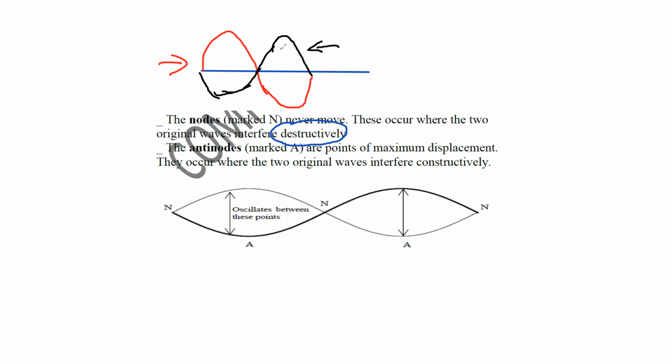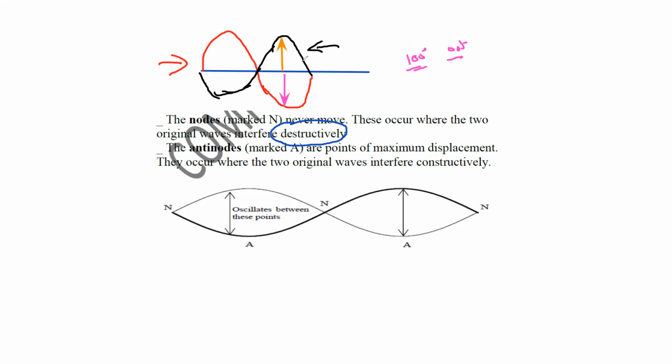So you can see these two waves here, the crest of one wave joins with the trough of the other. When the crest of one wave joins with the trough of the other, because they are 180 degrees out of phase, the particles are vibrating in different manners.